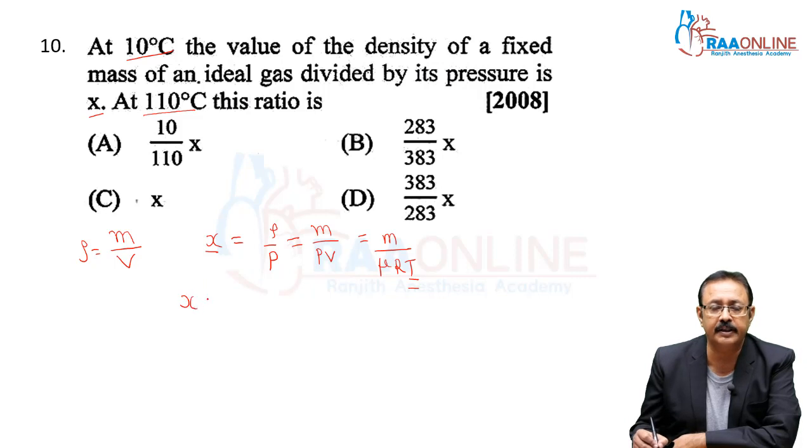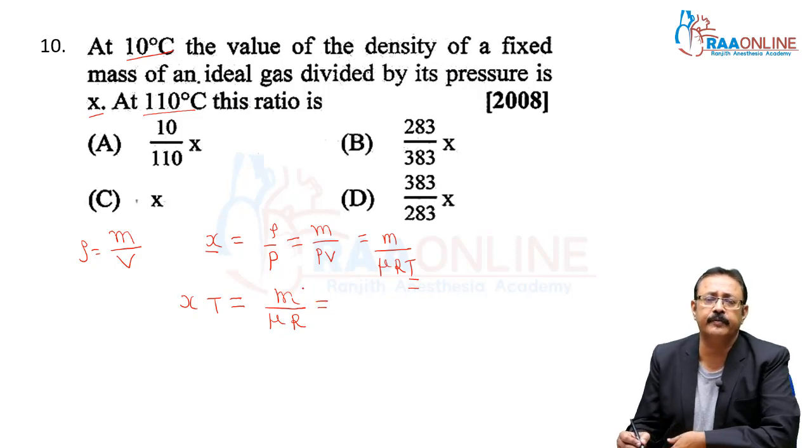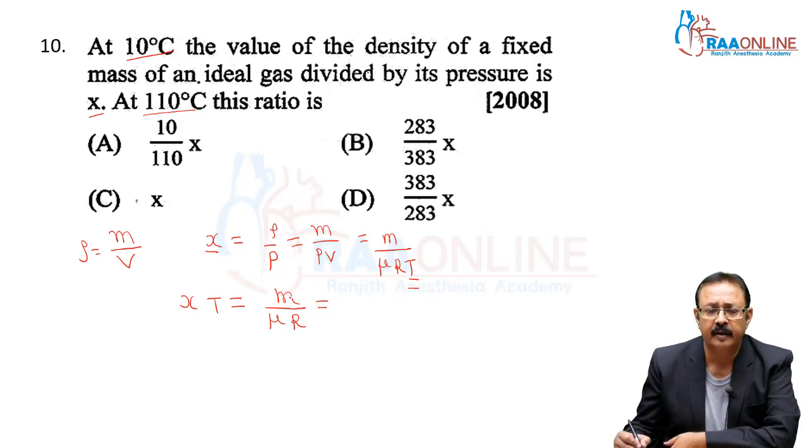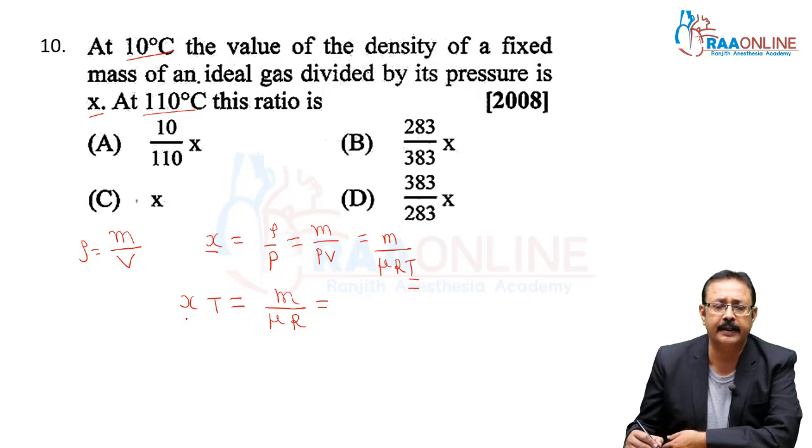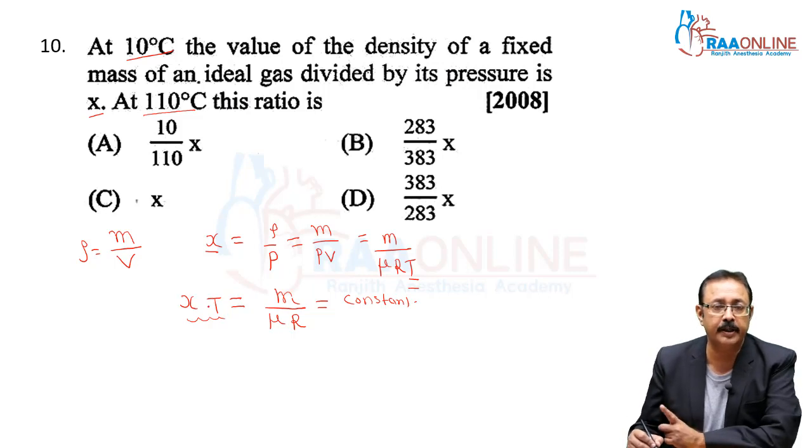We only change the temperature, mass remains the same, number of moles remains the same, R is again a constant. So whatever you do with temperature, x into T should be constant. But since we are writing capital T, the temperature should be in Kelvin.